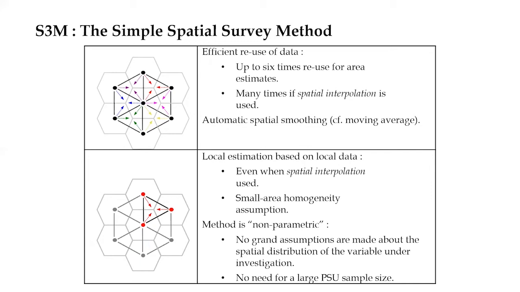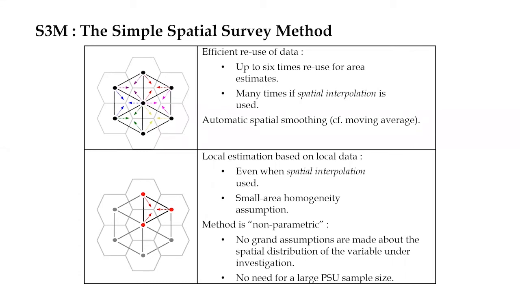This is if you're using tile-based estimation. But if you use spatial interpolation, where you're using all of the sample and weighting by distance to create an estimate, a single point over the surface, then we're using all the points. So we reuse data again and again.